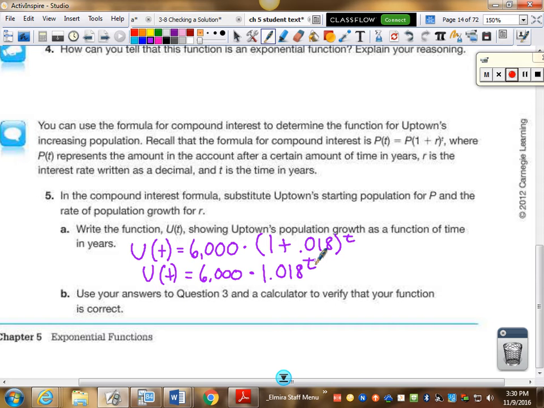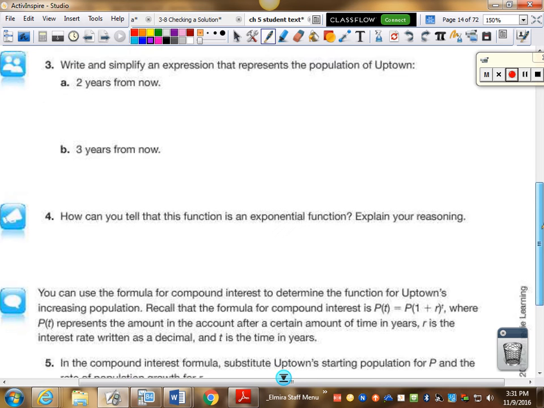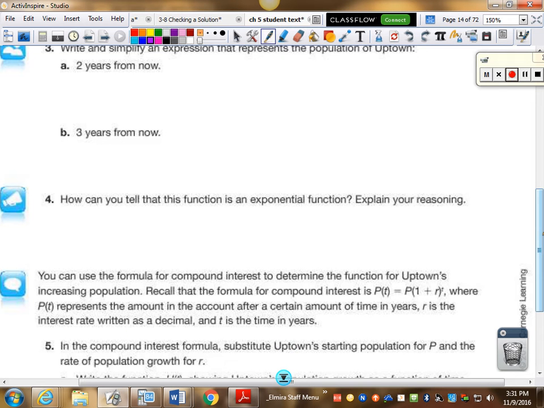Now let's go back and use that equation to find out the population in 2 years or 3 years. So in 2 years from now, 6,000 times 1.018, is it 8 or 5?